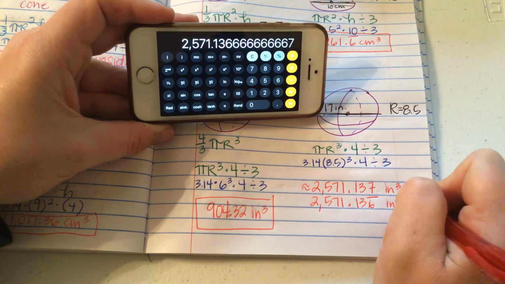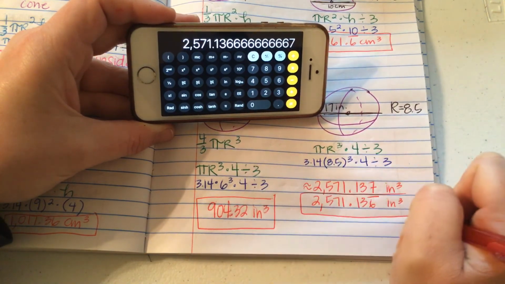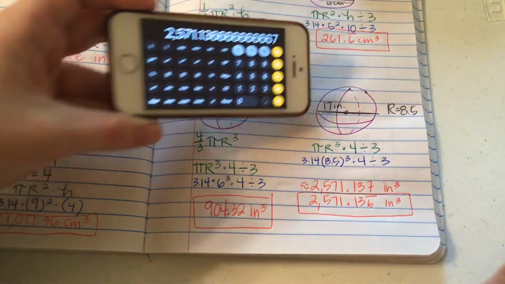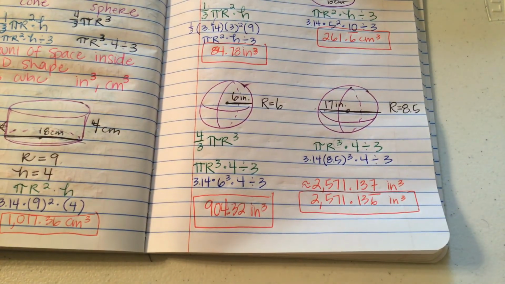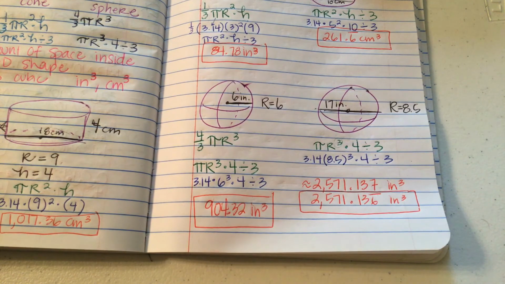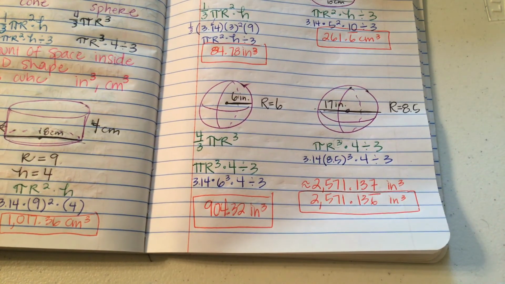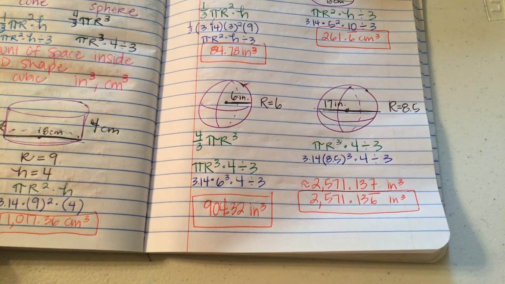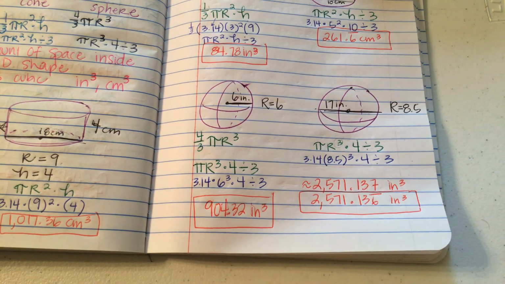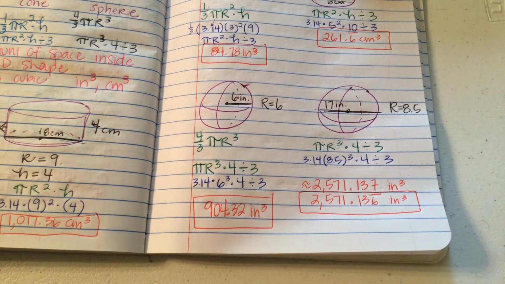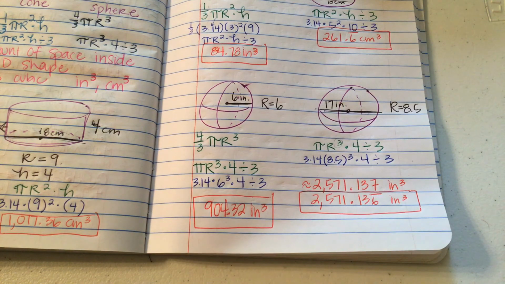Either one of these answers would be correct. It's going to tell you on your paper what to round to if you need to. But again, it is just really focusing today on substitution, calculator skills, putting the numbers in the right place, and just that practice of making sure that the values are correctly put into the formula when you use your calculator.